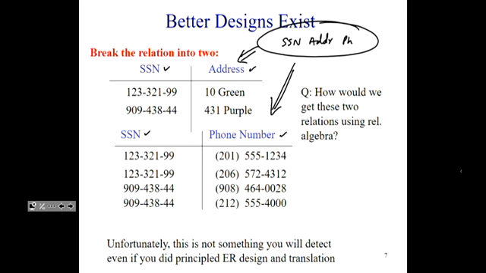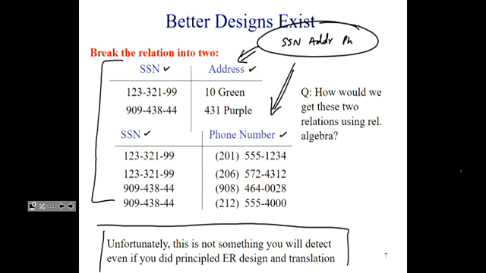Unfortunately, these sorts of anomalies are not something you're going to detect even if you did principled ER diagram design and translation. Why is this design better? Well, you're storing each address precisely once, so you won't have the issue of redundancy.